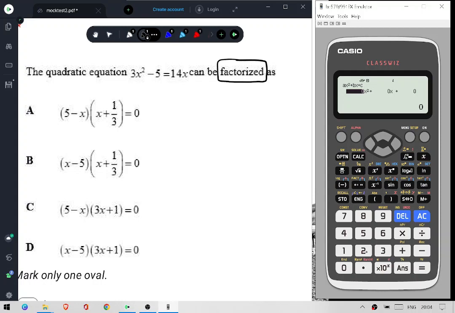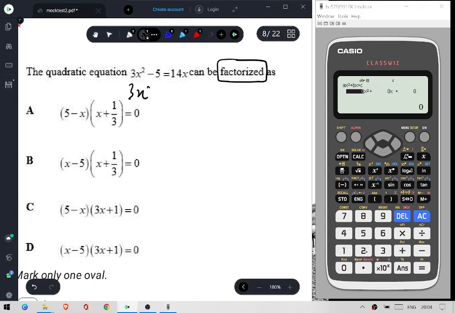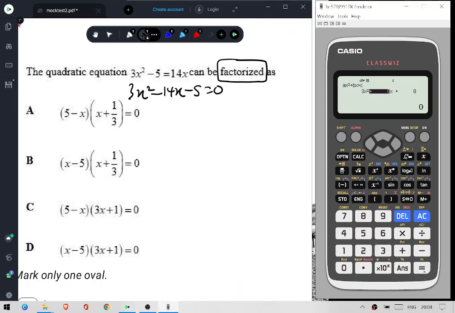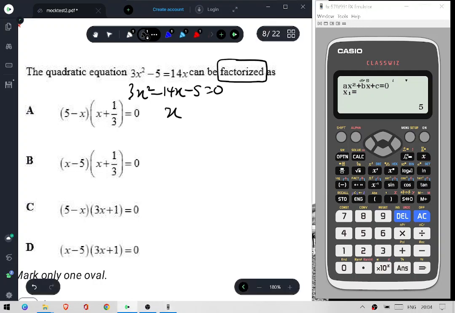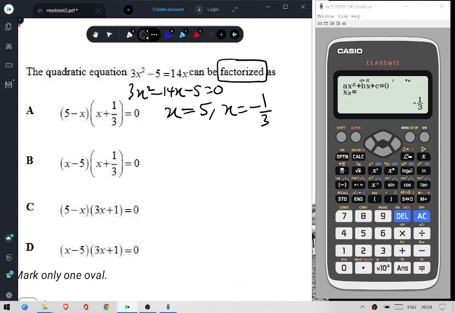But write it first: 3x squared minus 14x minus 5 equals 0. Better. Enter 3, minus 14, minus 5. You get x equals 5 and x equals minus 1 over 3. But that is not in the options, because it wants the bracket form.